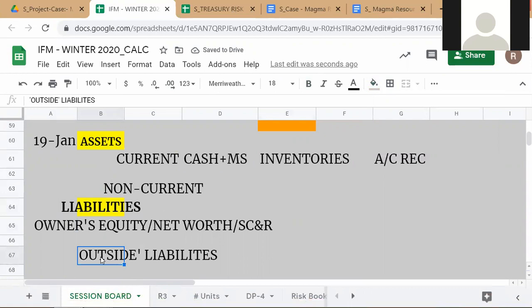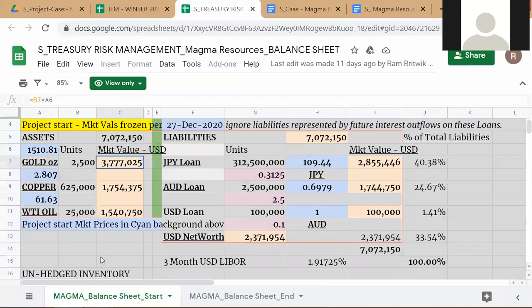I'm just recapping some of the basic balance sheet concepts because I know many of you are still weak on even the fundamentals. You don't say anything in class, but it comes out when you write the answers. This is how you should think about a balance sheet.